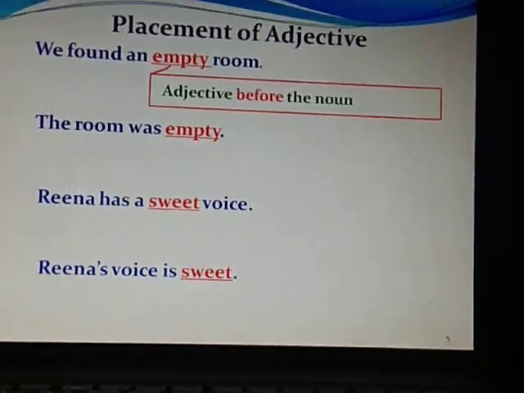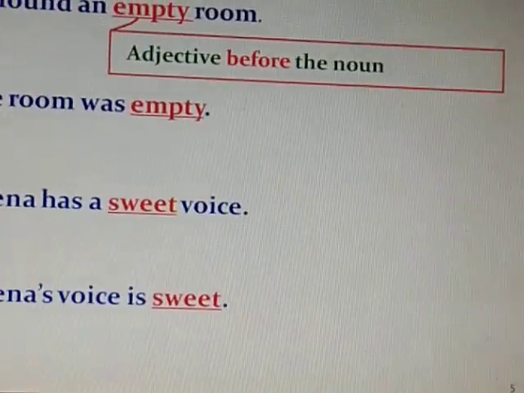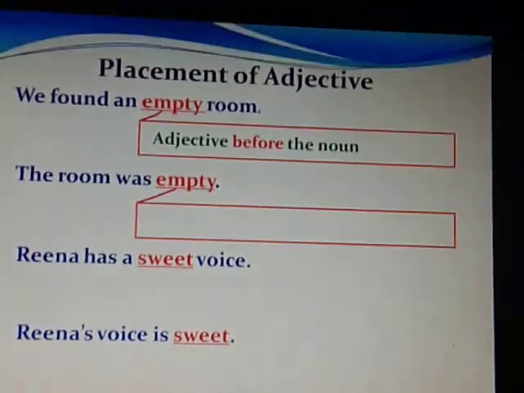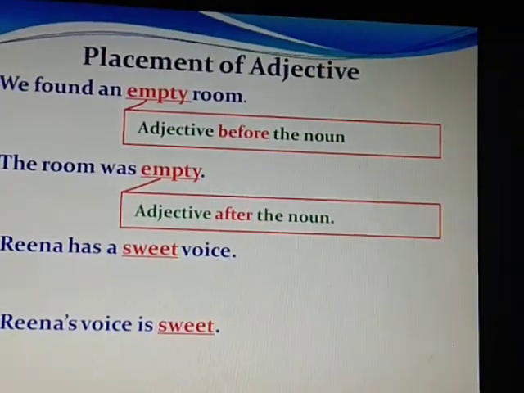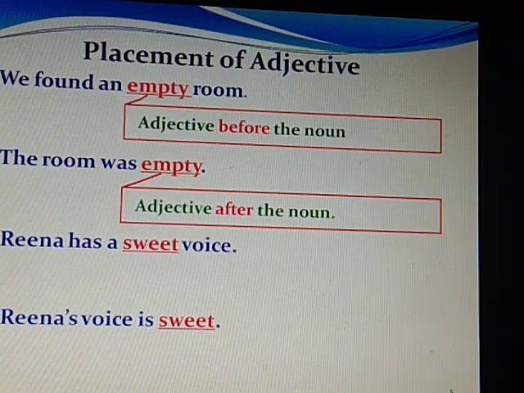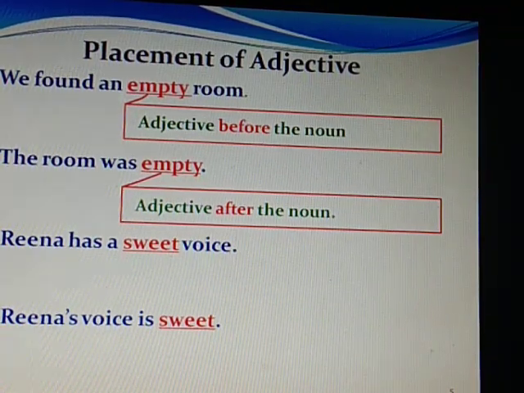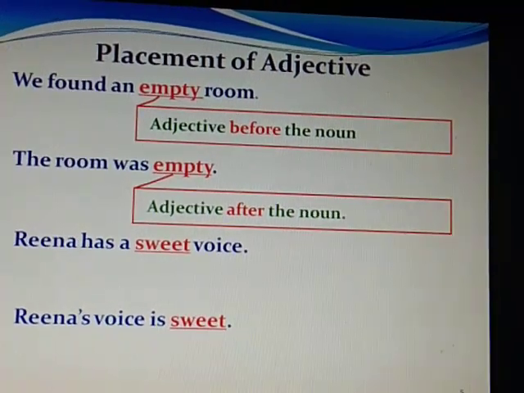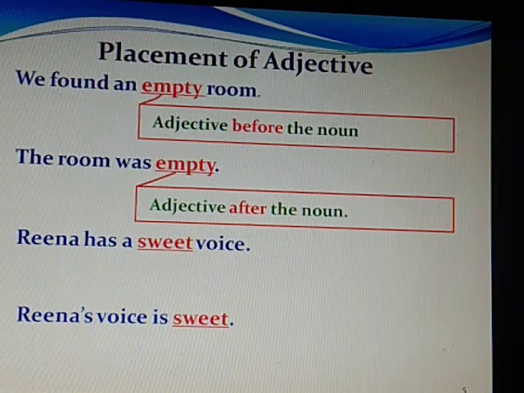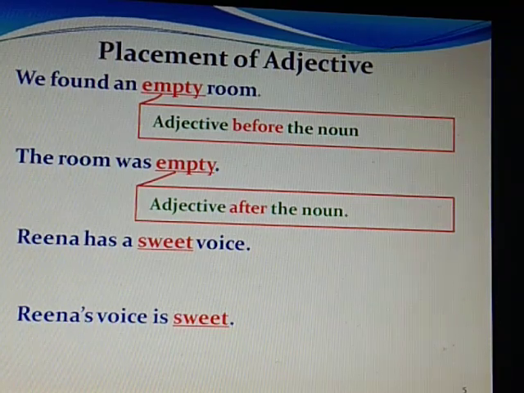It is telling something about the noun room. So here the adjective is placed before the noun room. Then, the room was empty. Again we find that here the adjective is after the noun. So where is the noun here? Room. So we are telling about the room that it is empty. So in the second case we see the adjective is placed after the noun.